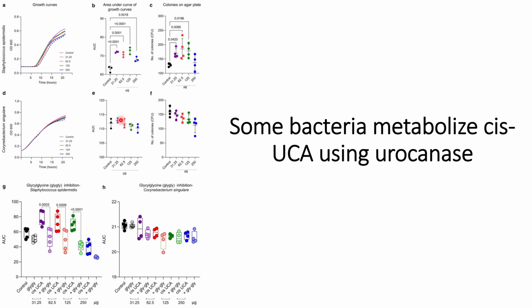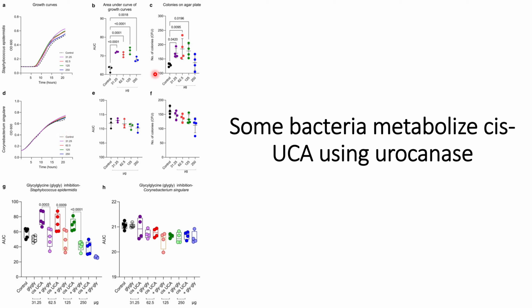This indicates that cis-UCA might help the growth of the Staphylococcus bacteria through HUTC and HUTU genes, or more precisely through urocanase, whereas since these genes are not present in this second negative control bacteria, we do not see a significant change in the area under the curve.